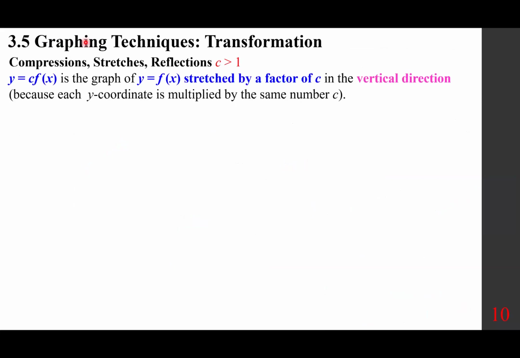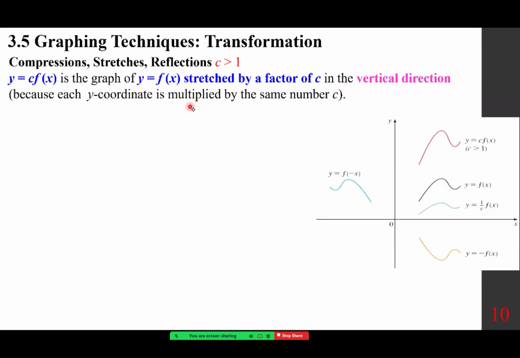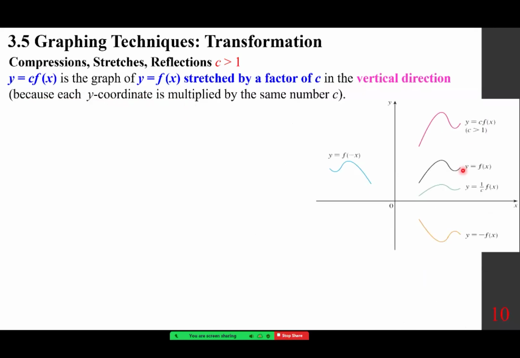Graphing techniques, transformation continued: compressions, stretches, reflections. We are assuming C is a number larger than 1. Y equals C times f of x is the graph of y equals f of x stretched by a factor of C in the vertical direction, because each y coordinate is multiplied by the same number C. In short, this is the main function y equals f of x.